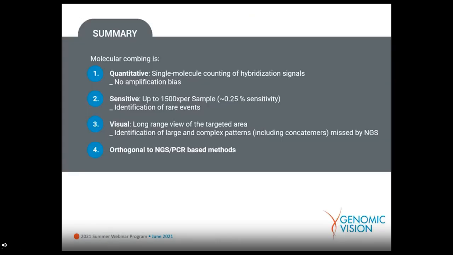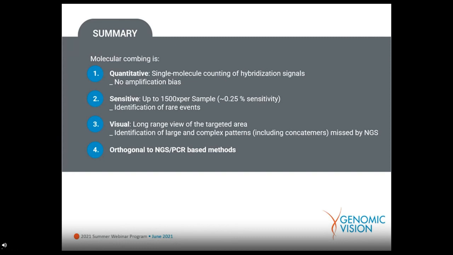As a take-home message, molecular combing is a quantitative method. It allows single molecule counting of hybridization signals without amplification bias. It is a sensitive method, so we can go up to 1,500 equivalent genomes per sample to reach a sensitivity of 0.25%, and this really allows us to identify rare events.